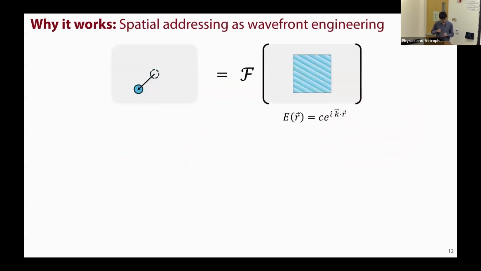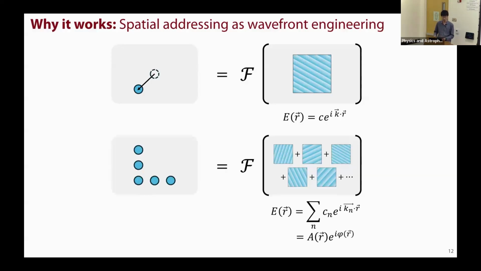At a physical level, local addressing is simply a wavefront engineering problem, since a linear phase gradient basically Fourier transforms to a displaced addressing spot in the image plane. So in principle, if we want to synthesize multiple spots, this will correspond to a sum of different complex linear phase gradients, right? Each phase mask is mapped to one spot. This sum of linear phase gradients is a general complex optical field containing both amplitude and phase modulation.